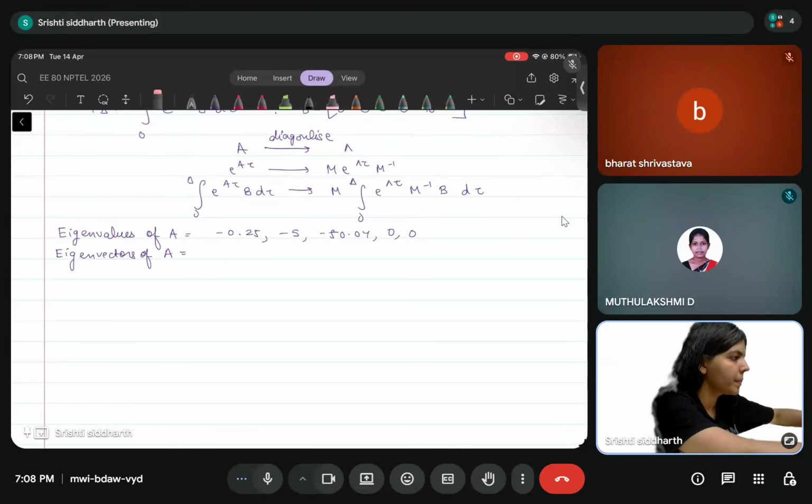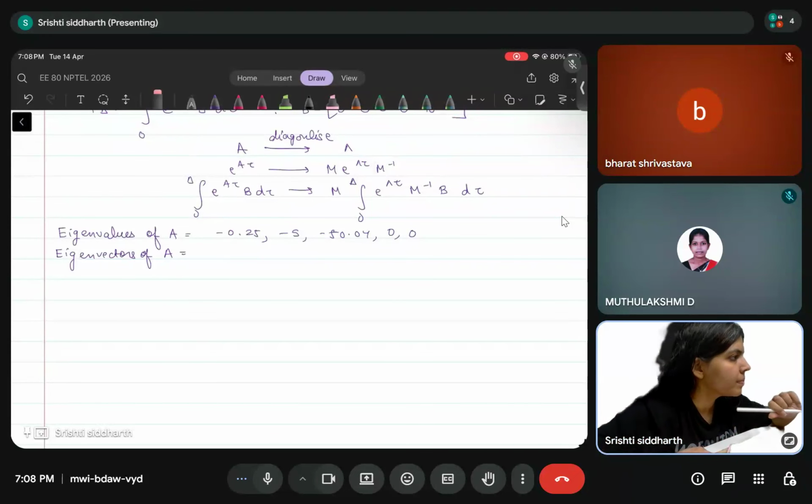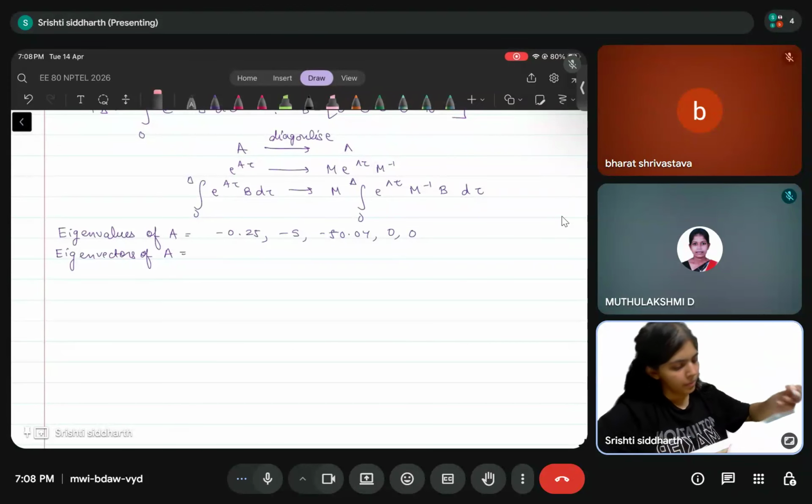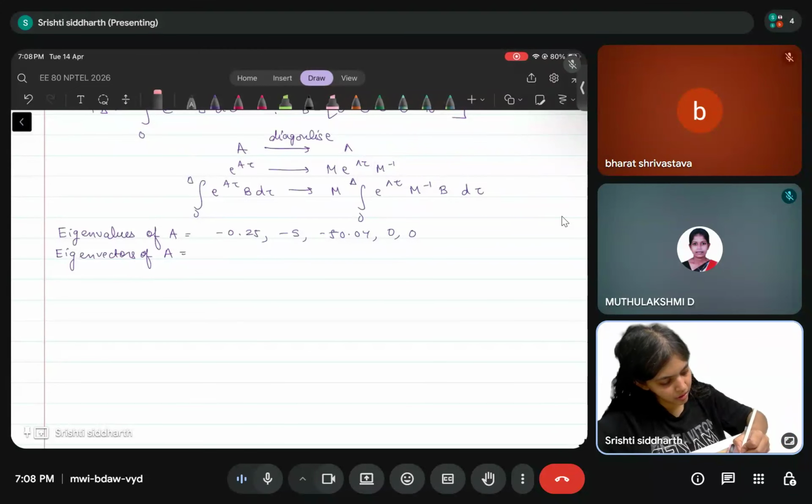this is A. Okay, so I have the model matrix.